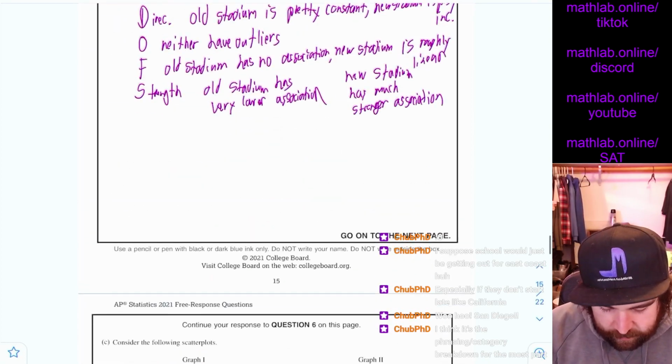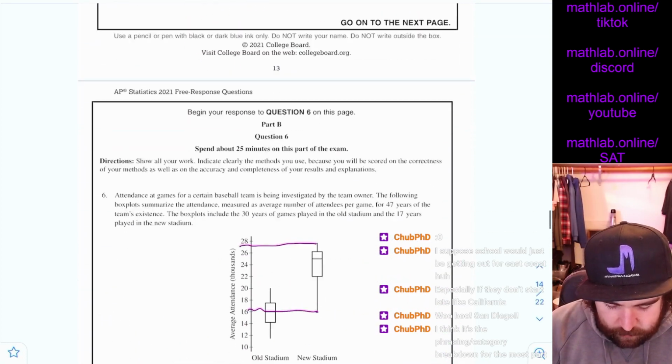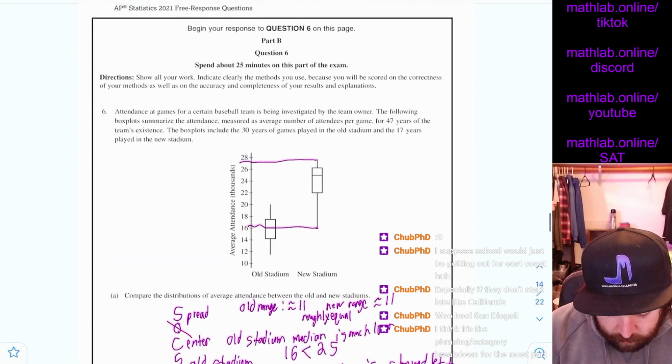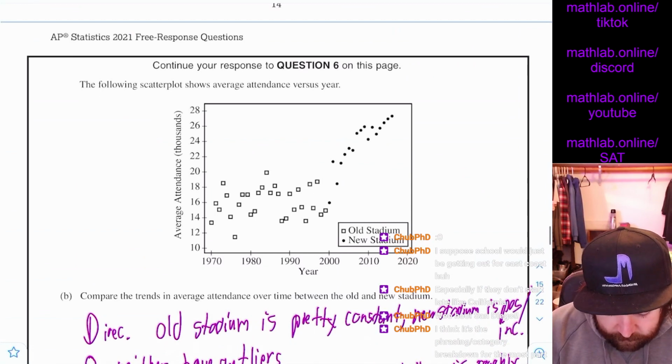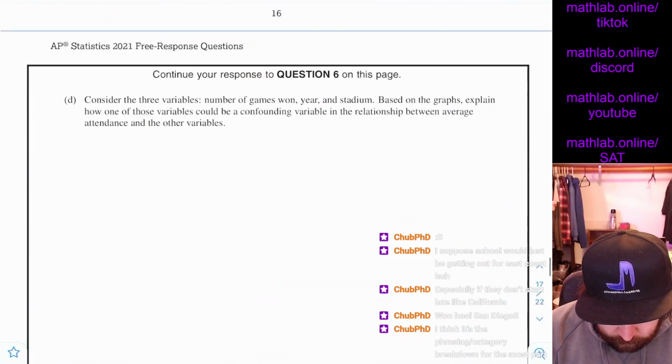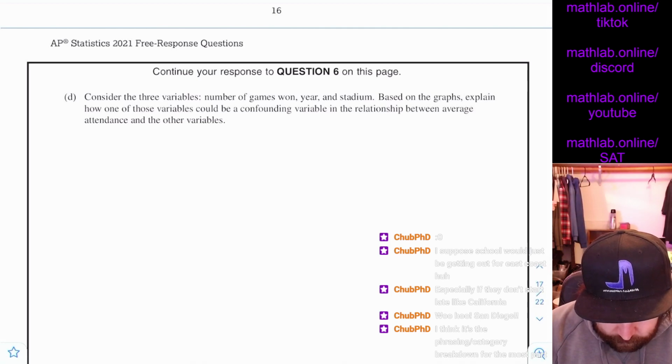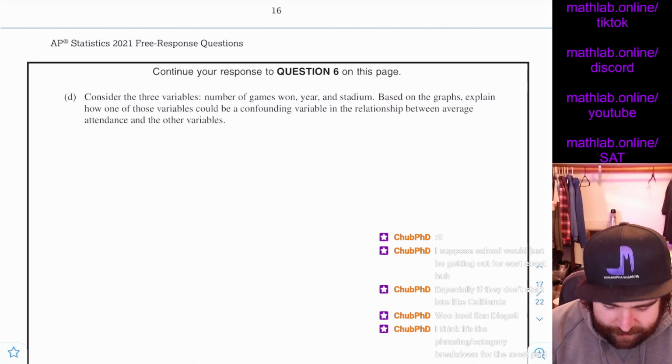So that was the idea that when we looked at this first graph, we were like, oh yeah, the new stadium is killing it. As soon as we hit new stadium, we started going hard. But you can't even compare like the old years in the old stadium.